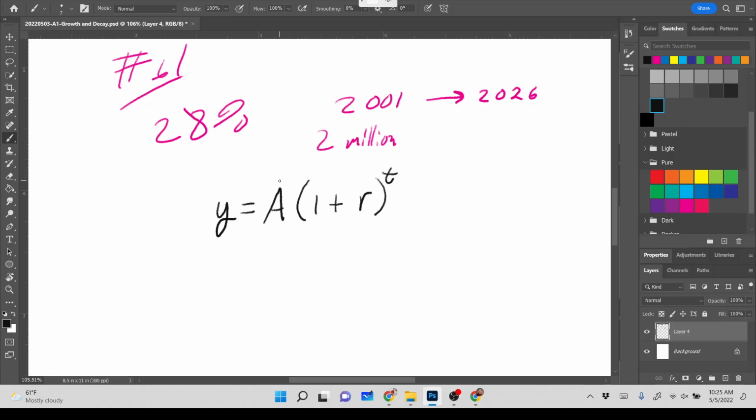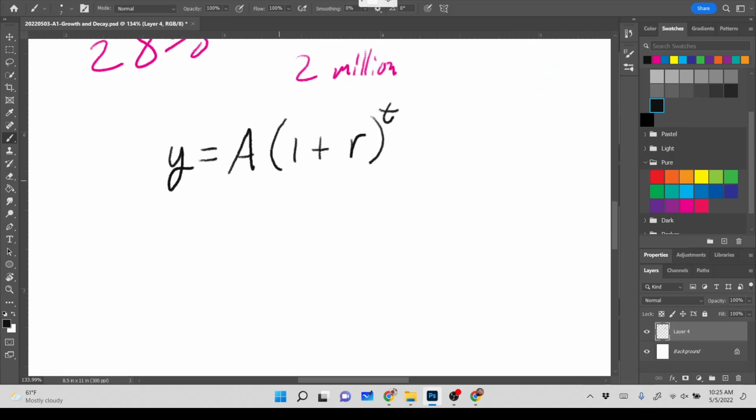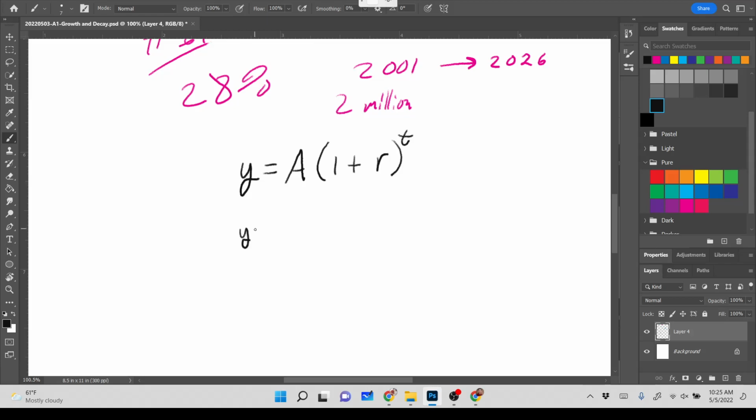So, what should we do now? We should plug in the numbers. Y equals 2 million times 1.28 to the power of 25.